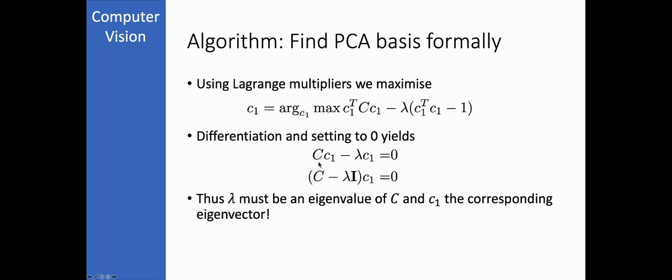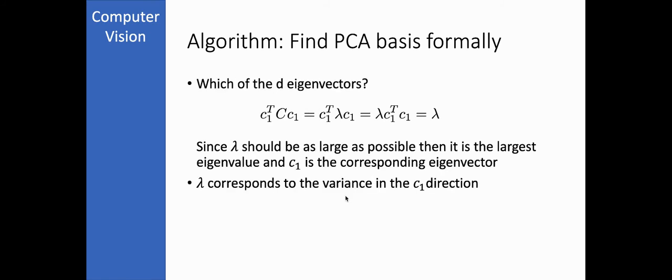This is exactly the same equation that you would use to find the eigenvectors or eigenvalues of a matrix. Writing it more clearly like this, I think it becomes clear. Thus, lambda must be an eigenvalue of C, which is the sample covariance matrix, and C1 must be the corresponding eigenvector. But if C is a matrix, it has multiple dimensions, right?